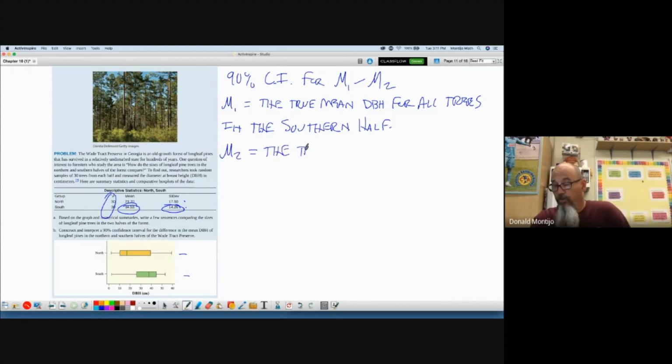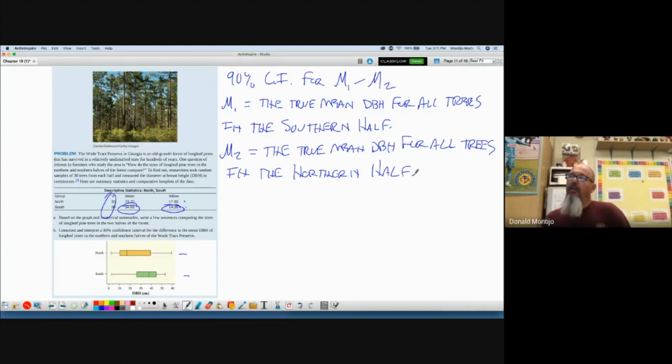The true mean DBH for all trees in the northern half. Okay, I know it's a lot of stuff, but it's not that hard. All we're doing is paraphrasing what's in the problem up here.